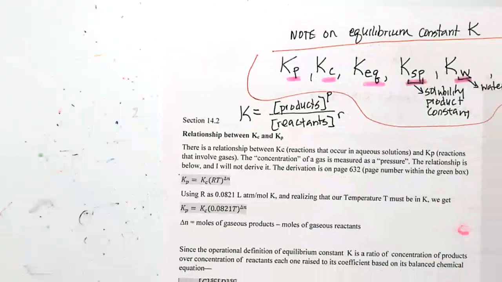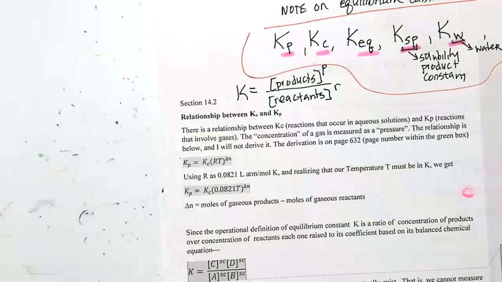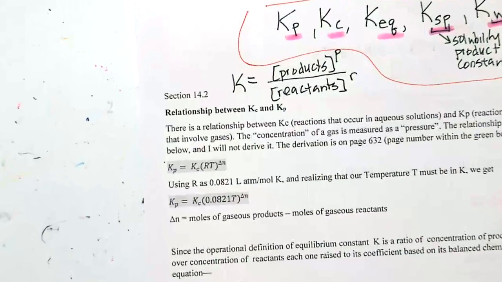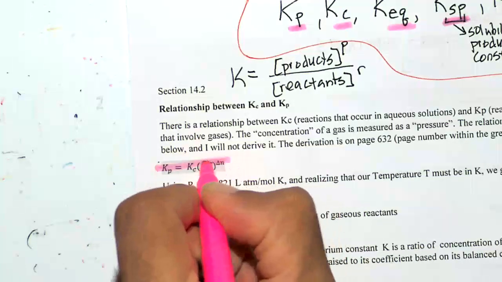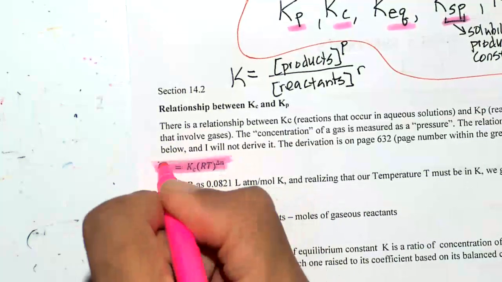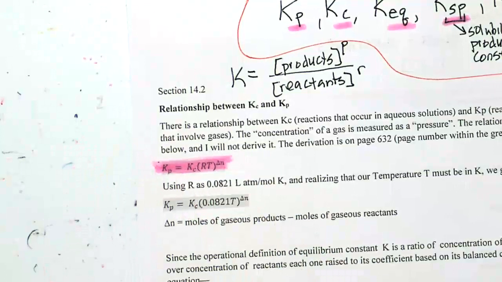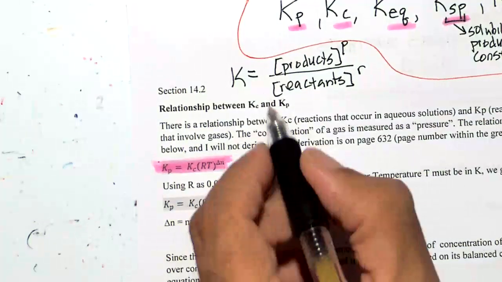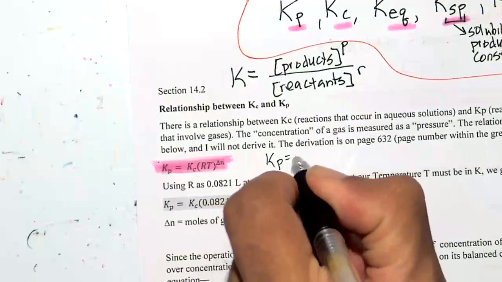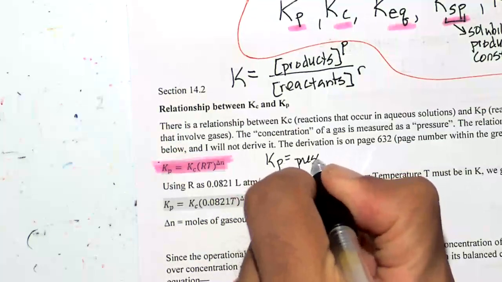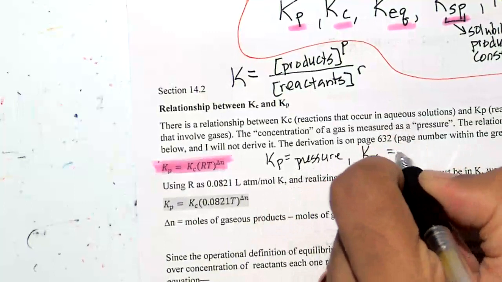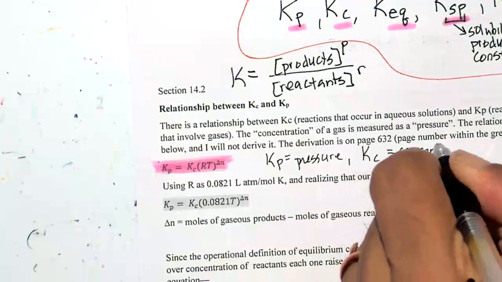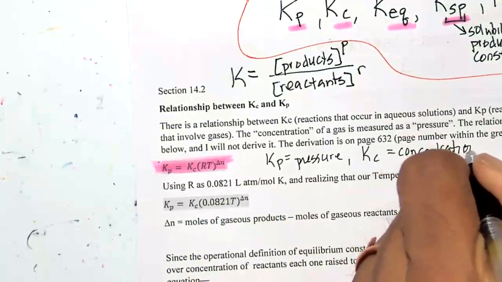As an example of that, we have a conversion of Kp, or what Kp equals in terms of Kc. Kp is the equilibrium constant in terms of pressure, and Kc is the equilibrium constant in terms of concentration.